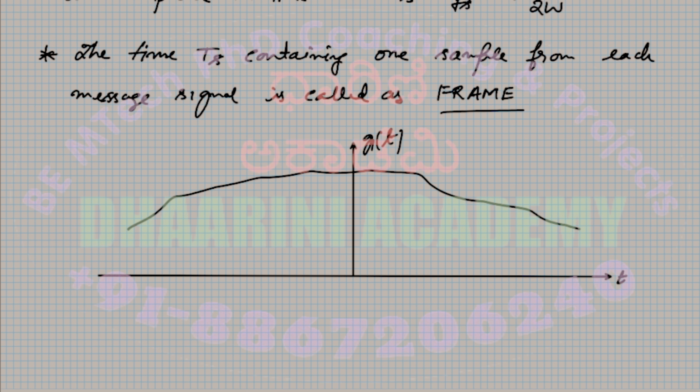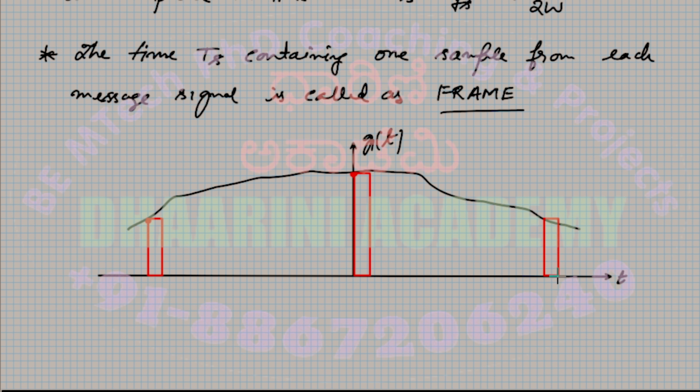How should the sampling happen? Something like this: I sample here and hold it. Then after some time, at the center, I'll have my next sample, and after the same amount of time, my third sample. This is just an assumption.